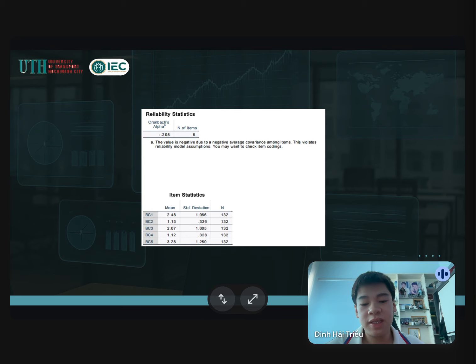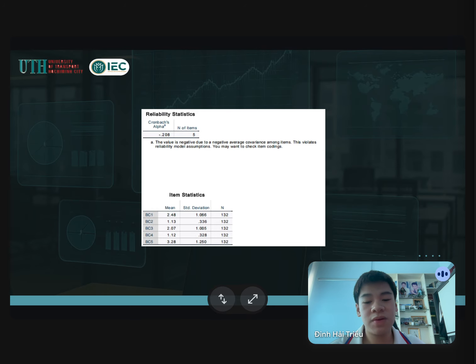The construct BC has a negative Cronbach's alpha of negative 0.208. The negative alpha is very unusual. According to SPSS, this happened because the average covariance among the items is negative. This often indicates that some items were reverse coded incorrectly and that the questions do not measure the same concept.